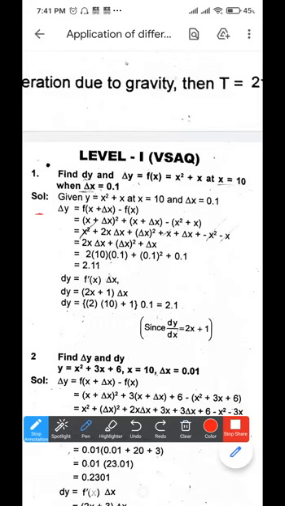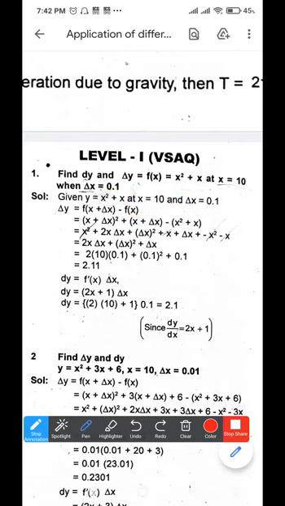Now delta y is equal to f of x plus delta x minus f of x. So y is equal to x square plus x. Substitute the value: instead of x, we write x plus delta x. So x plus delta x whole square plus x plus delta x, minus f of x. What is f of x? f of x is nothing but x square plus x.